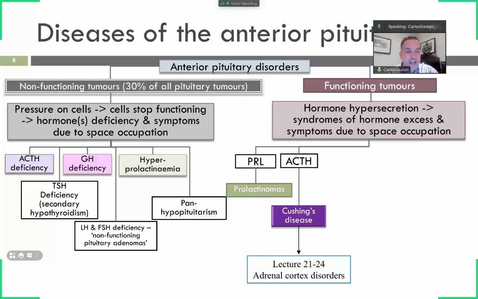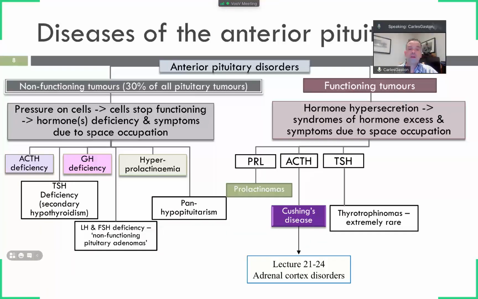This is covered in lectures 21 to 24 on adrenal cortex disorders. It can lead to overexpression of TSH or thyroid stimulating hormone. Then obviously this leads to tumors known as thyrotropinomas. They are very rare, but obviously it will affect the metabolism and the thyroid gland.